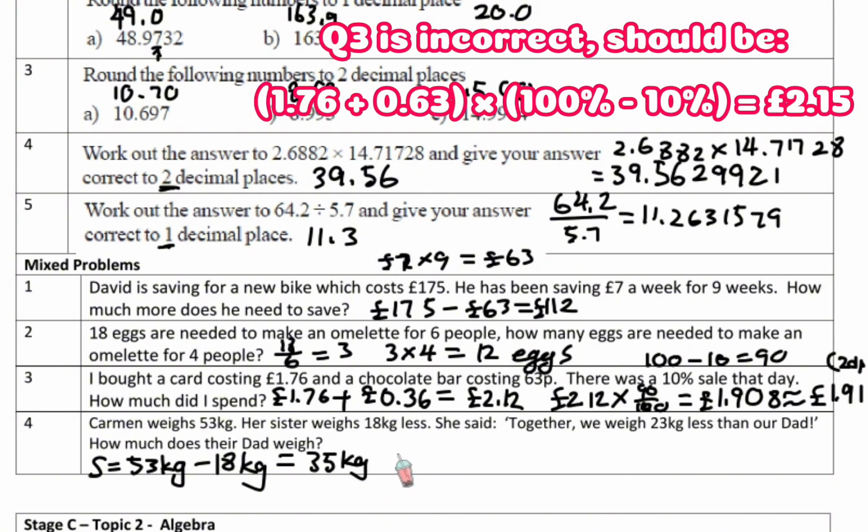And now we will need to add 53 kg plus 35 kg plus 23 kg because they weigh 23 kg less than their dad. So this would equal to 111 kg.